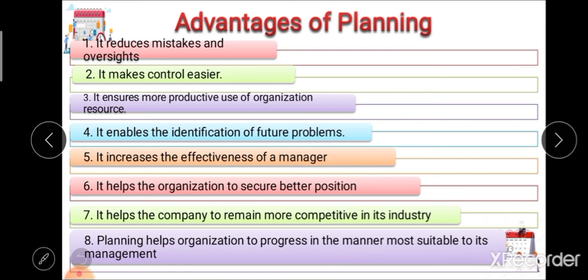Another advantage is that it helps the organization to secure a better position, because through planning the organization can achieve its defined goals. Next, it helps the company to remain more competitive in its industry. And the last advantage is that planning helps the organization to progress in the manner most suitable to its management. These are the different advantages of the planning process.